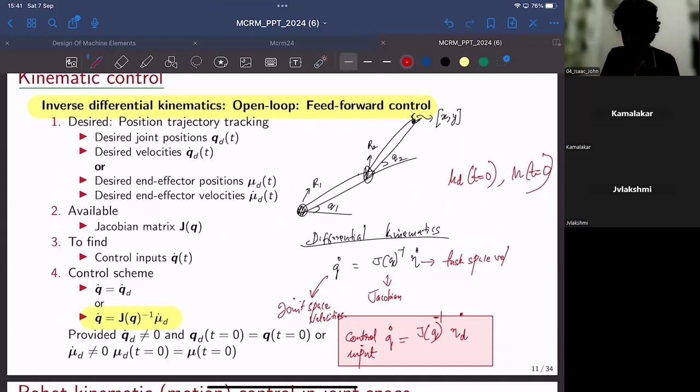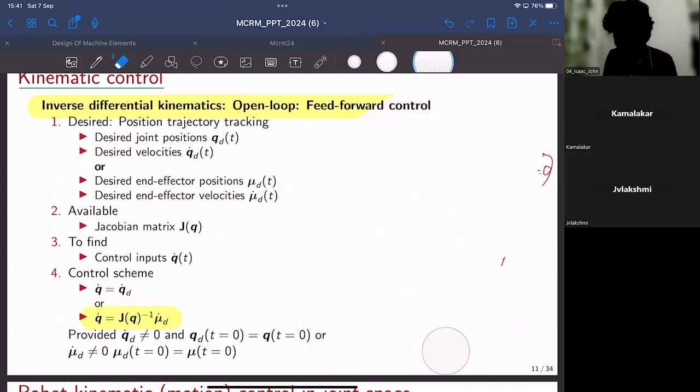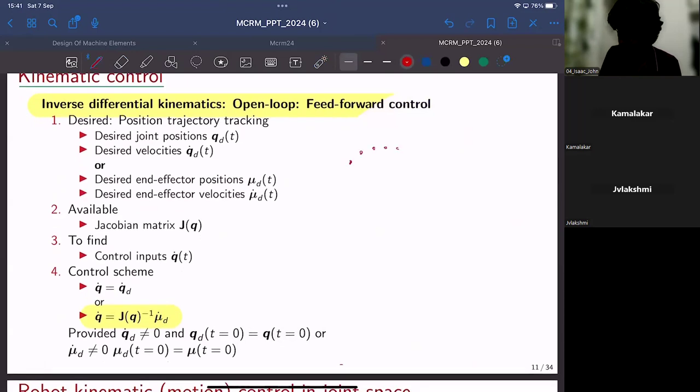For example, how can I make this more clear? Suppose this is the mu desired dot I'm drawing as a function of time. So this is mu desired dot at time equal to 0, and this point over here would be mu desired dot at the final time, right?